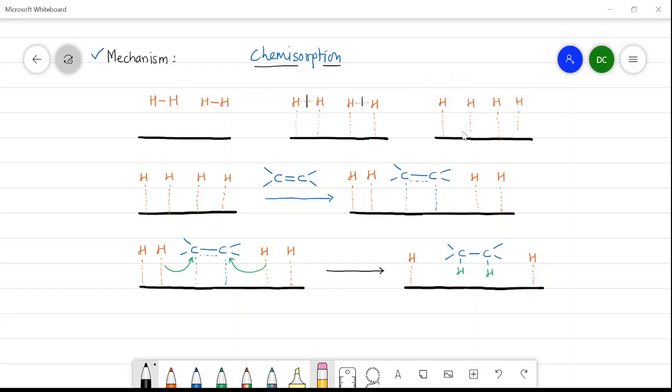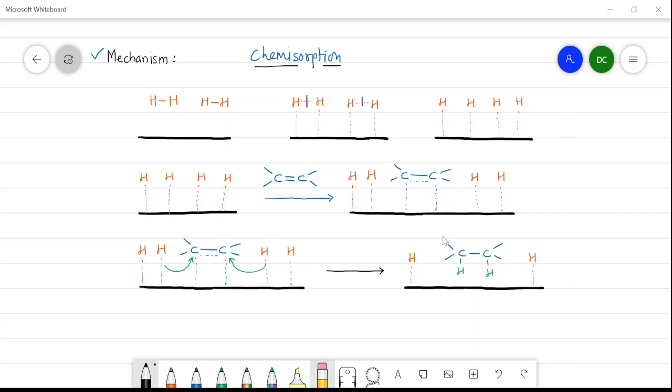So hydrogen adsorbs on the metal surface. Similarly, the alkene also adsorbs on the metal surface by the breaking of its pi bond. At this stage, hydrogen as well as alkene are adsorbed on the metal surface. Then the hydrogens break their linkage with the metal surface and are transferred to the carbons, and they form the corresponding alkane.